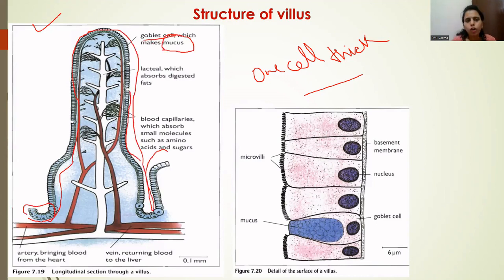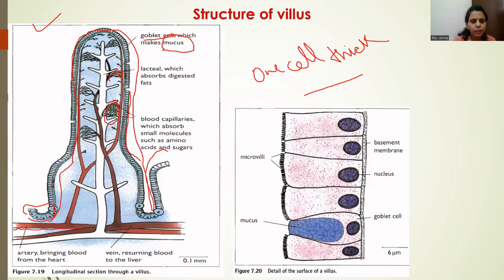Goblet cells are present which make mucus. Apart from this, the villus is also supplied with two very important vessels. One is the blood vessel. These are the blood capillaries. Down here you can see an artery.